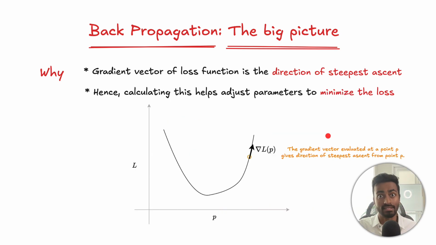Now, together as a vector, though, it represents direction. So the gradient vector, when evaluated at a certain set of weights, p, gives the direction of steepest ascent at that point, p. And hence, calculating this gradient vector helps adjust parameters to minimize the loss.